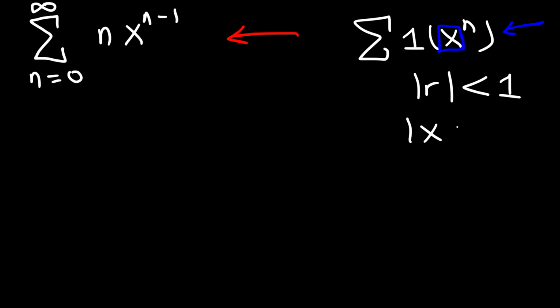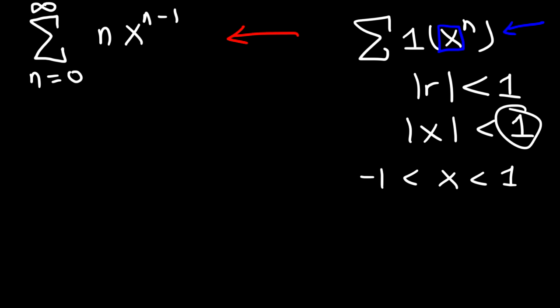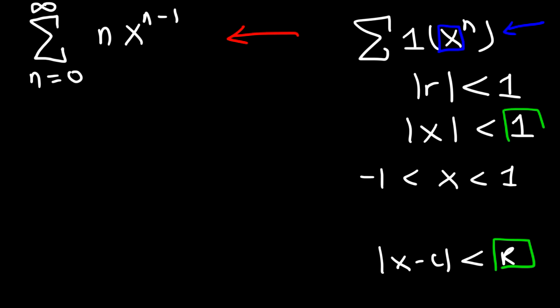So we could say that the absolute value of x is less than 1, which means x is between 1 and -1. And this right here tells us the radius of convergence when it's in the form absolute value of x minus c is less than r. So the radius of convergence is 1.